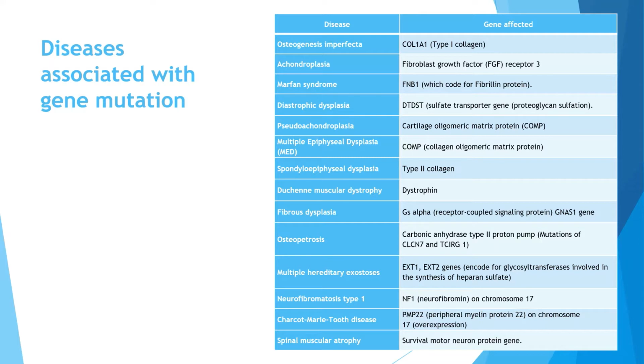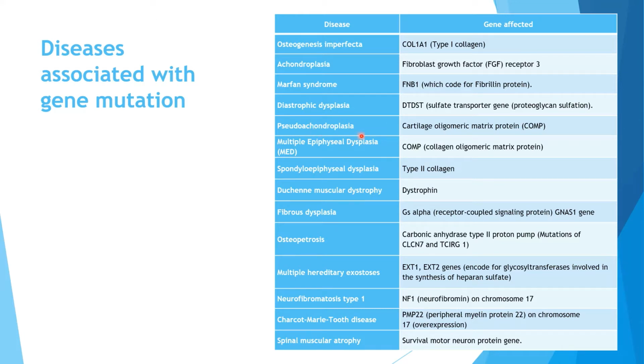Diastrophic dysplasia, the gene responsible is the sulfate transporter gene, which is responsible for the proteoglycan sulfations. It's called DTDST. So it is the gene responsible for the sulfate transport. In pseudoachondroplasia and in multiple epiphyseal dysplasia, both have the same gene affected, cartilage oligomeric matrix protein, COMP protein.